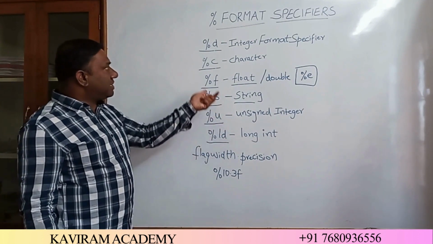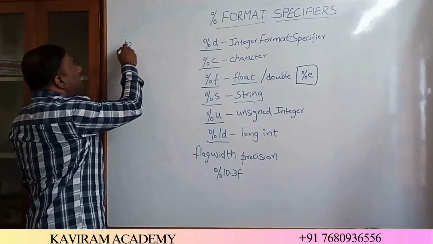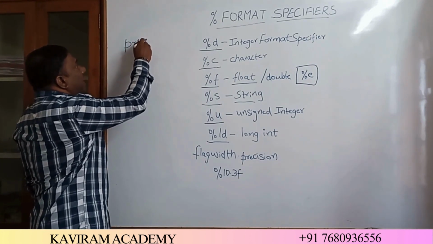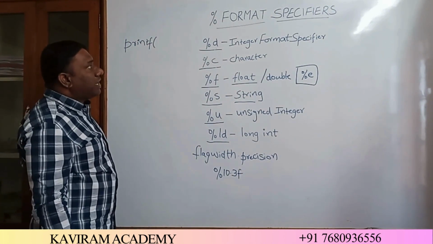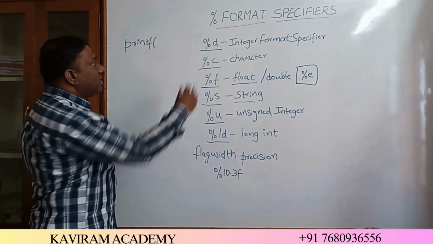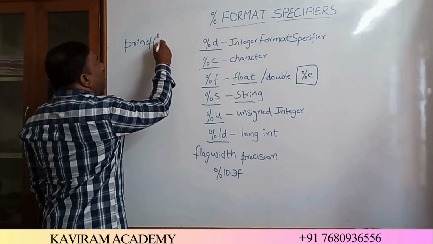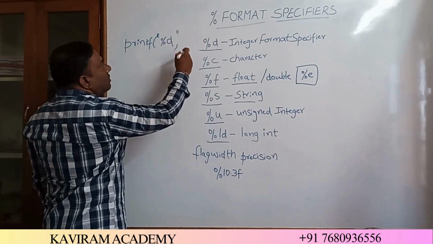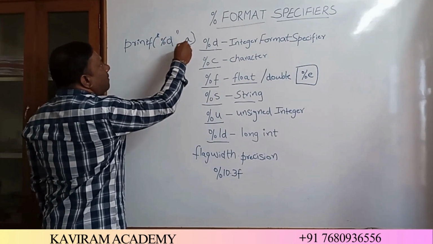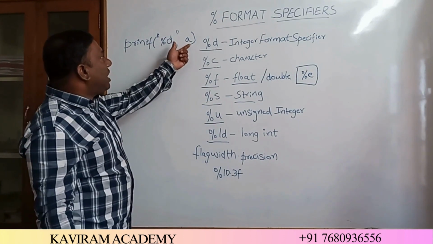So for a basic example, if you can see here, we have seen that printf is a predefined function that is present in our C language. So whenever I want to print any integer, I need to represent it as printf, double quotation mark, %d, and a is the variable in which an integer value is there.